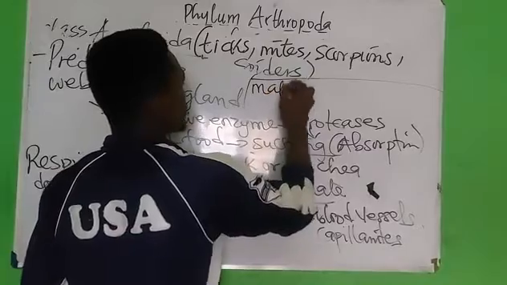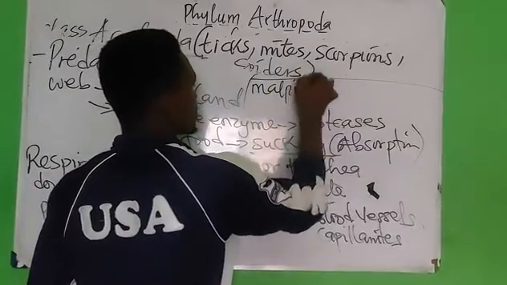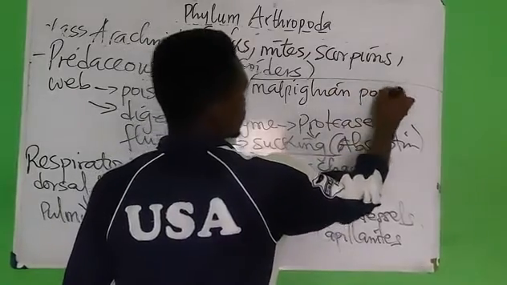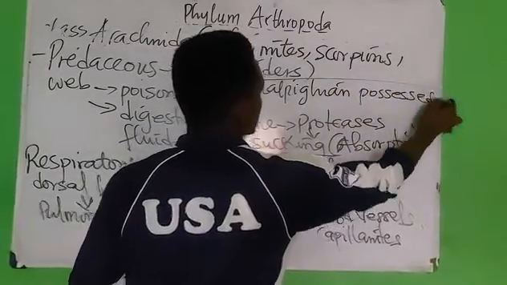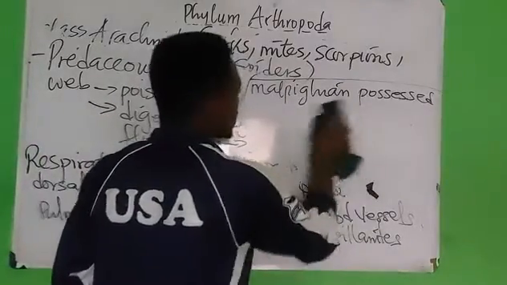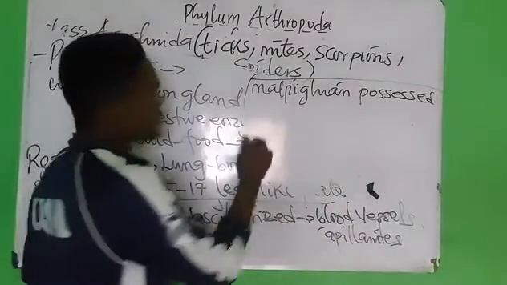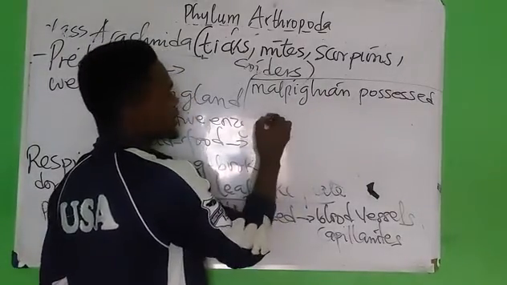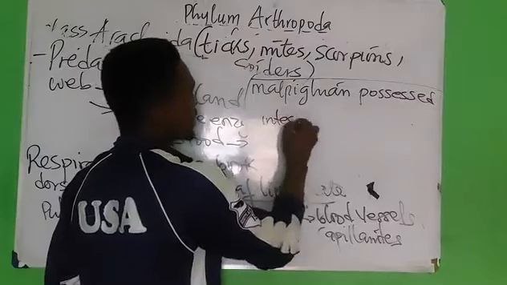The Malpighian tube possessed by this organism is connected to the intestinal canal.